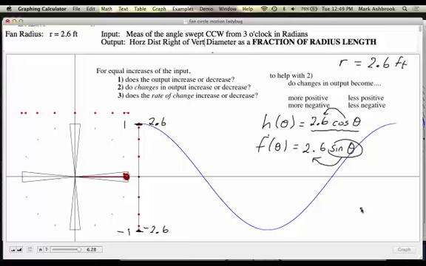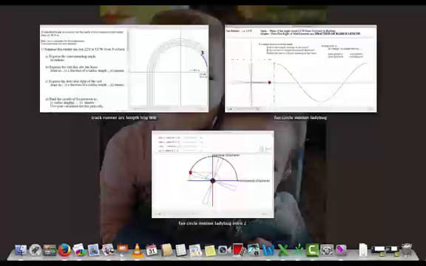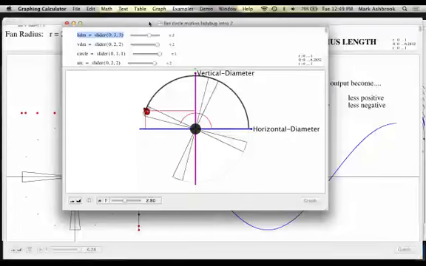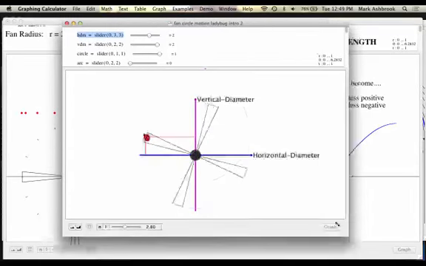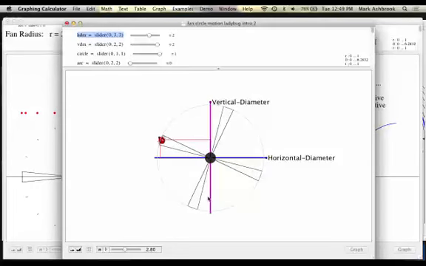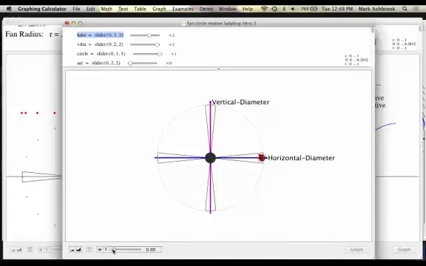Okay, so let's look at, I want to talk about theta is 5.2 radians.